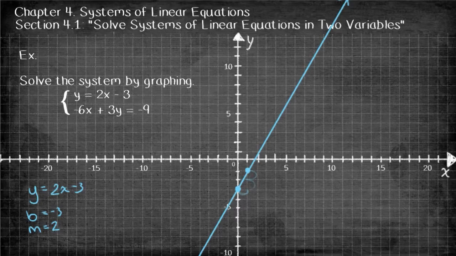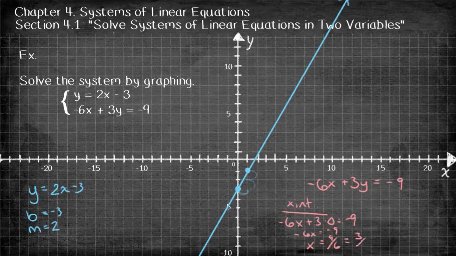Again, you can graph these by any method that you like, but I'm gonna go with the intercepts again. So x is 9 over 6, or 3/2.